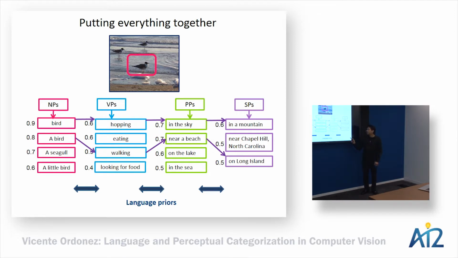Like, you wouldn't find a beach near Chapel Hill, because Chapel Hill is very far from the beach. So the text will tell you, nobody's talking about beaches with North Carolina together. So these probably have a low compatibility score, but beach with Long Island probably has a high compatibility score, right? But yes, some of this very specific information will not be correct for that image.